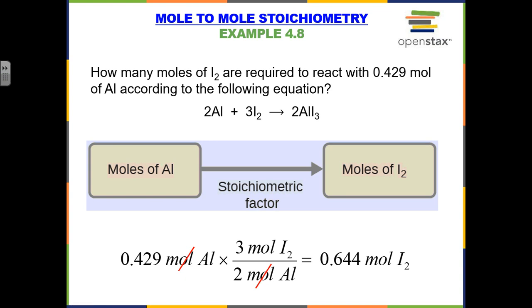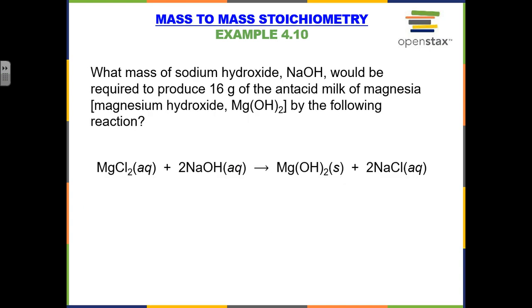So you take the 0.429 moles of aluminum, divide that by 2, and multiply by 3, and that gives you the relative value of your iodine. That's 0.644. So in each case, to do a mole to mole stoichiometry, you need to know your given mole amount, and you need to know your stoichiometric factor, your conversion factor if you will, which in this case was a comparison between iodine and aluminum.